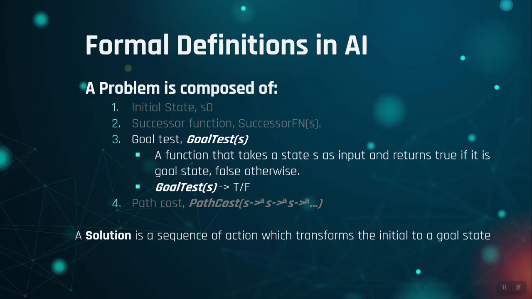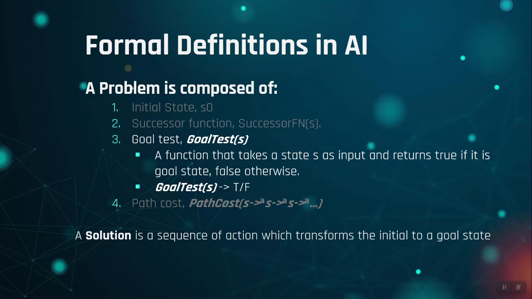So the goal test is like the successor function. The goal test is also a function, and what it really basically does is that given a state, it will determine whether or not the agent has reached the goal, which is J in our example. So we make sure that every exploration, every stop in each region, we have to check whether we have reached the goal state.